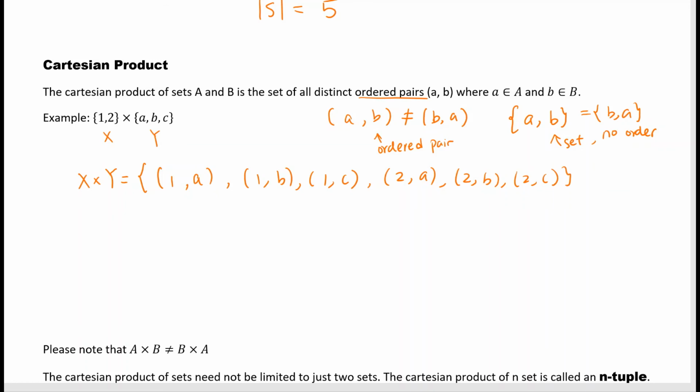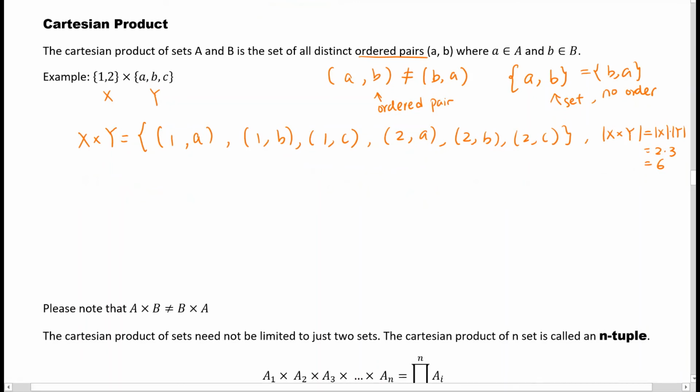The cardinality of X cross Y: remember you want to pick one element from the set X. There are 2 choices, right? And you want to pick one element from the set Y. How many choices? 3. So in our case it is 2 times 3, which is 6. So we have 6 elements.